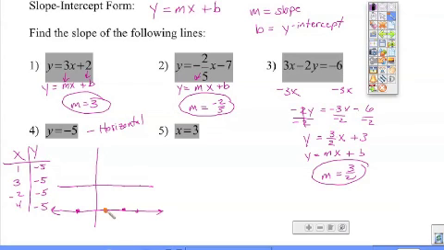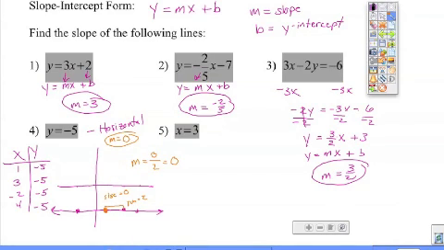If I start at this point, I'm rising 0, but I am running 2. Well, my slope then would equal a rise of 0 over a run of 2. 0 divided by 2 is 0.